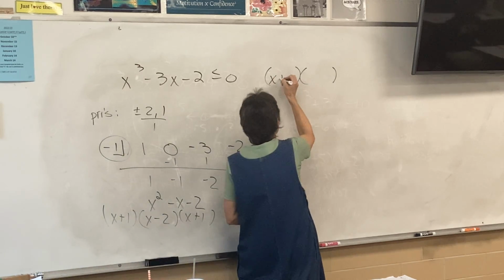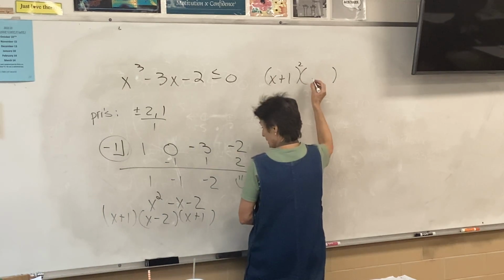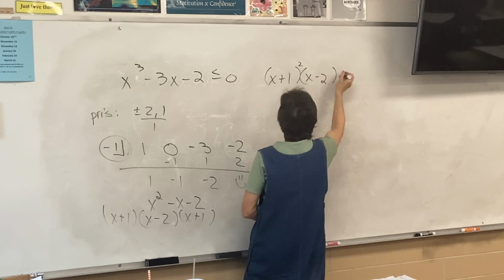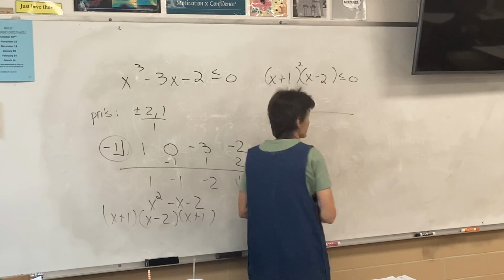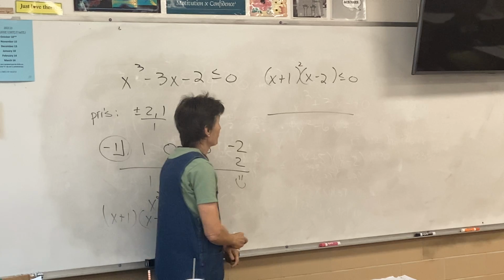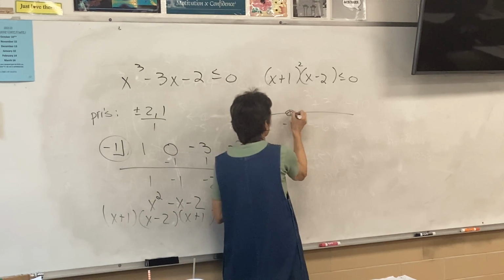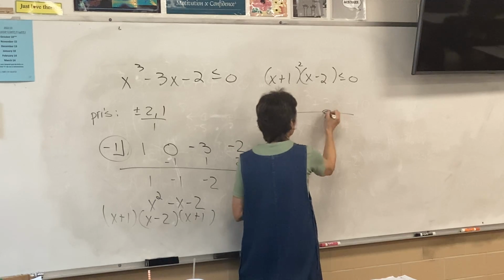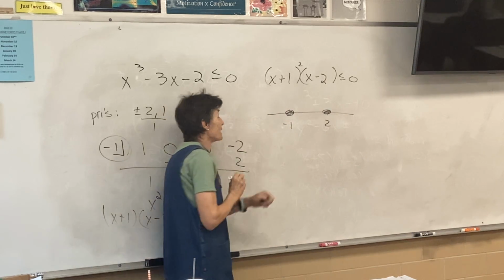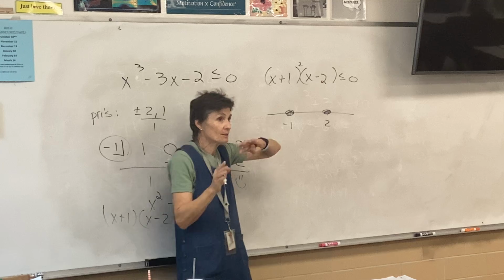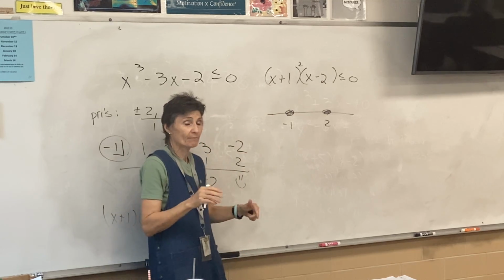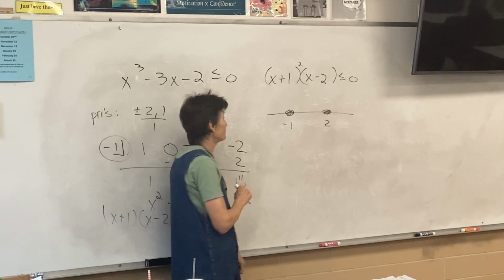So I have x plus 1 squared, and then x minus 2, and that has to be less than or equal to 0. So I'm going to go to my number line. My key points here are -1 and 2. Because of the squared, I'm not going to do the alternating thing. I'm going to have to check each spot.